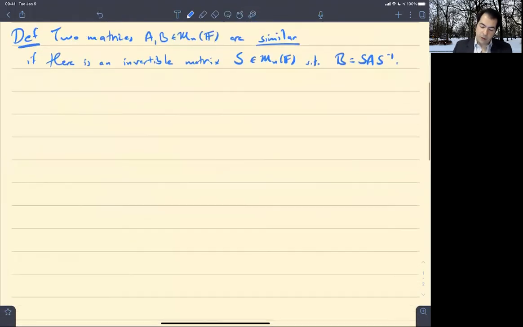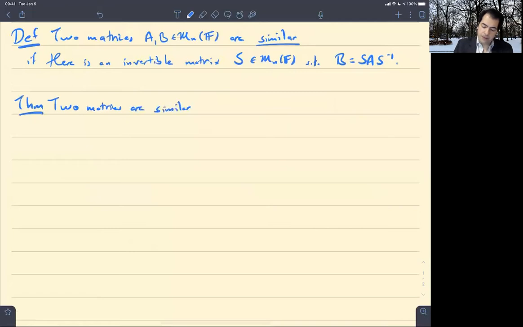Okay, and then right away we have a theorem saying that the way we came up with similar matrices is the only way you can come up with similar matrices. That is, two matrices are similar if and only if they represent the same linear map in different bases.